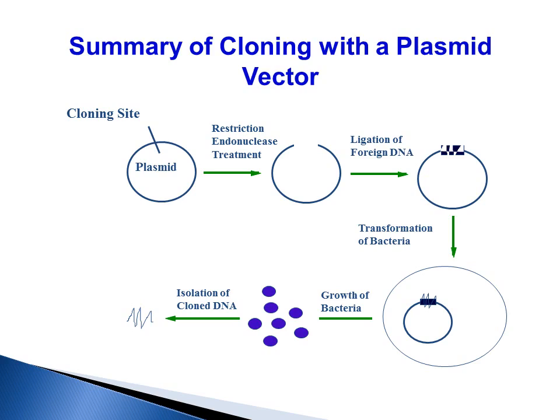You're then going to transform your plasmid into bacteria, and this is done using either heat or an electrical current to force that plasmid into bacteria. You're then going to grow your bacteria in the presence of antibiotic, and then you can isolate your plasmid from your bacteria.